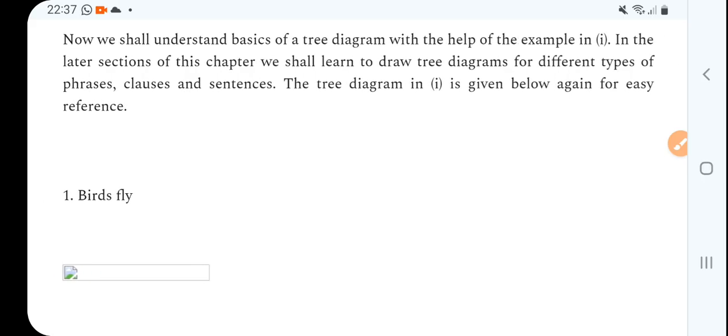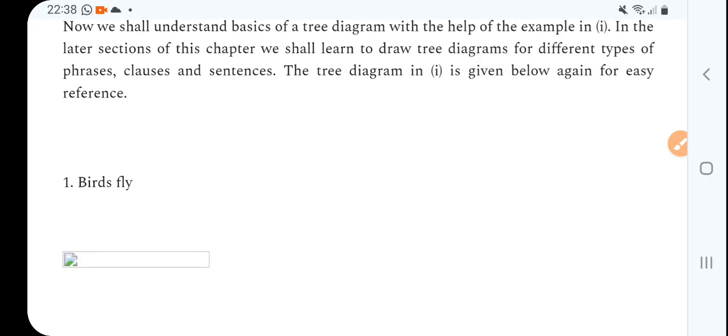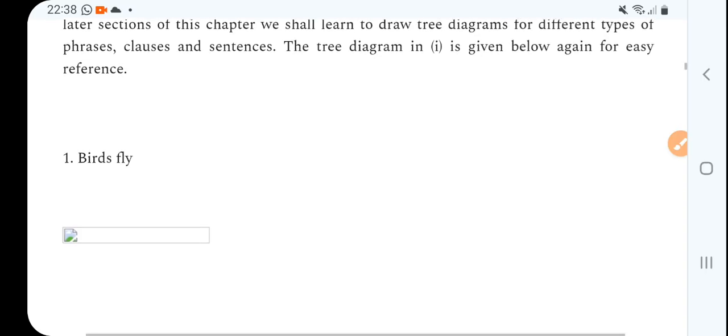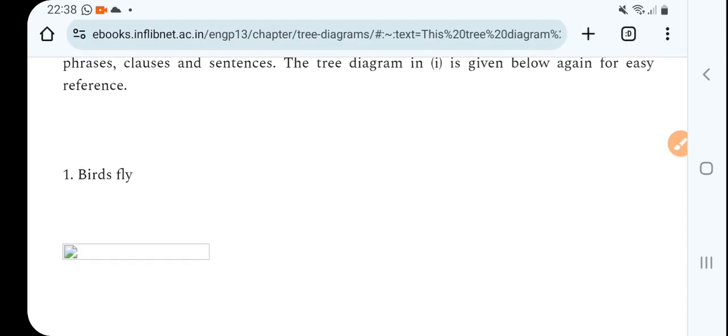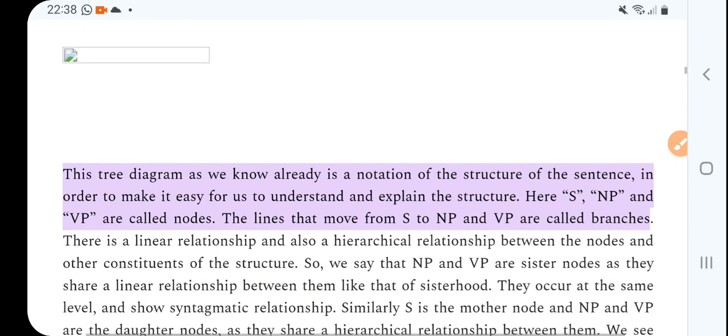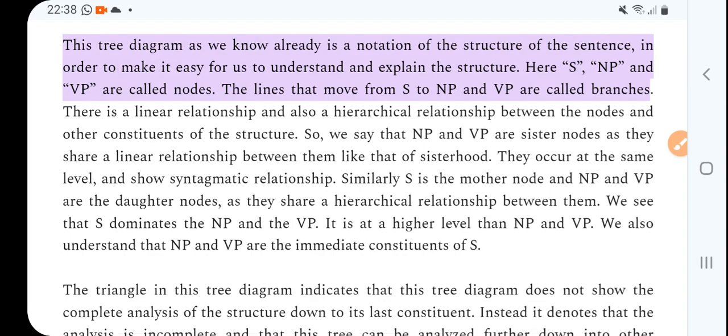In the later section of this chapter we shall learn to draw tree diagrams for different types of phrases, clauses and sentences. The tree diagram in 1 is given below again for easy reference. Anyway, the tree diagram, as we know already, is a notation of the structure of the sentence.